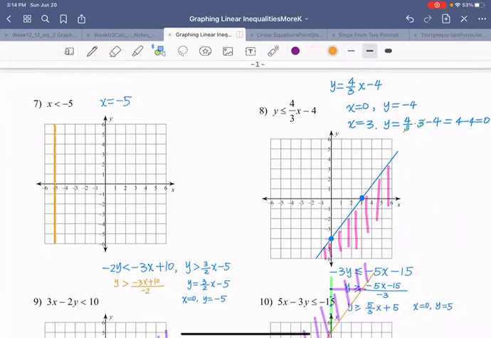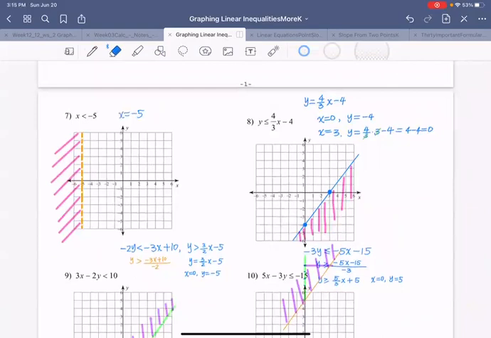And then should I change it to dash line or keep it solid line? Dash line. Okay. What does x less than -5 mean? It's to the left. Okay, it's on the left, okay? Okay, that's it. Very good.